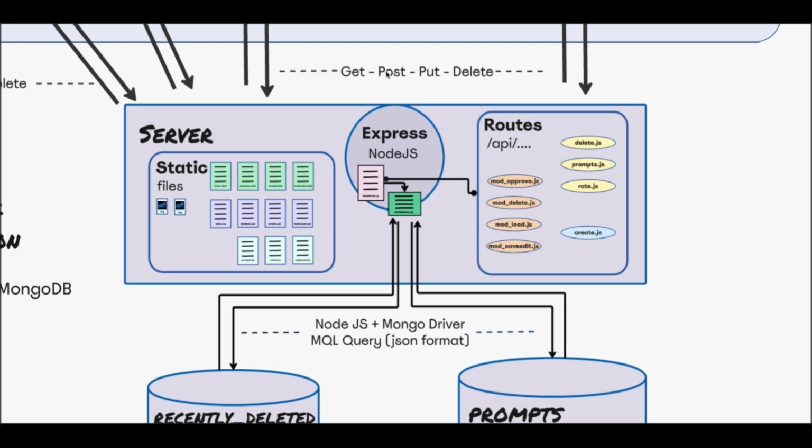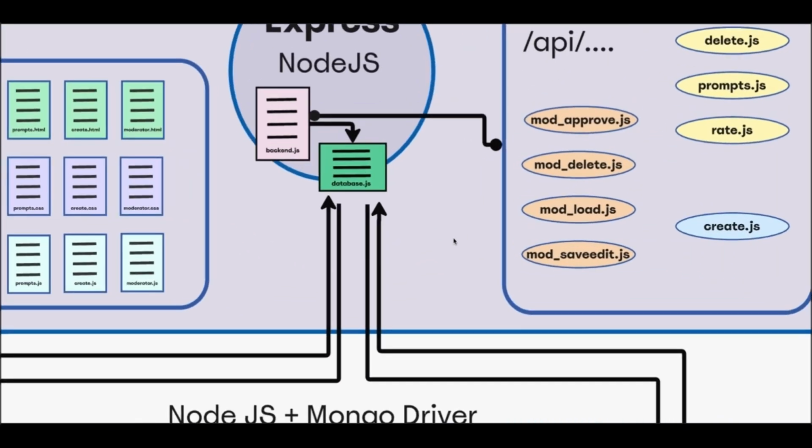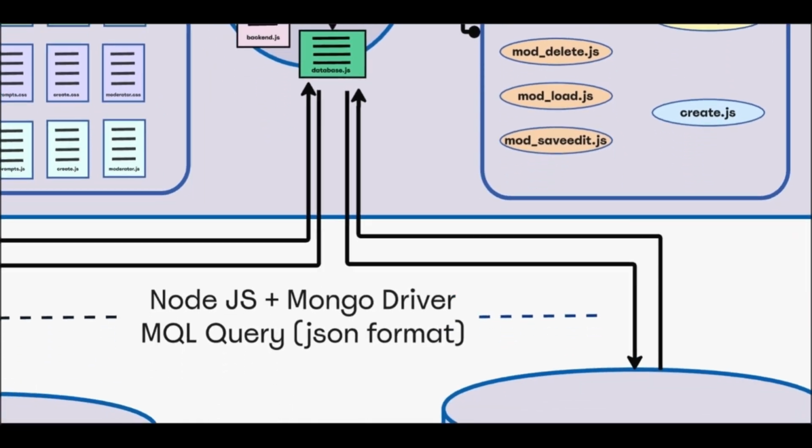Looking at the overall aspect, the front side or client side has interactivity that lets Express and Node.js know that there is information required or some sort of action. And then there are the files that are connected to the backend of the website, which the backend would be, in this case, a database.